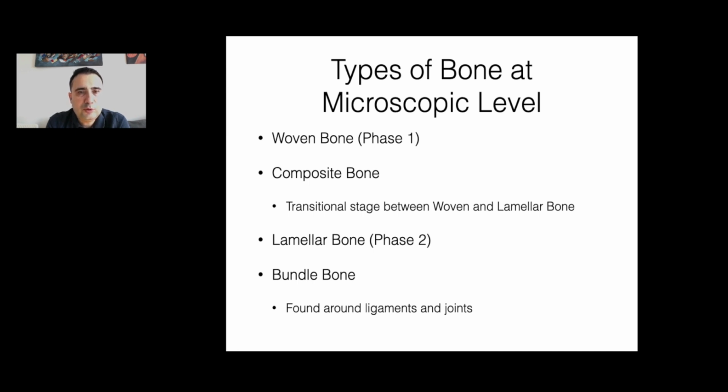This is called woven bone. We have composite bone, which is a transitional stage between woven and lamellar bone. Then we have lamellar bone, which is adult or mature bone tissue. And in very few, limited areas, we have bundle bone. This type of bone is found around ligaments and joints.